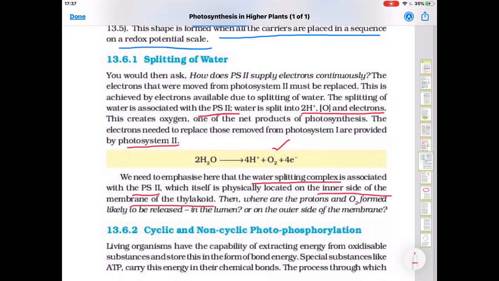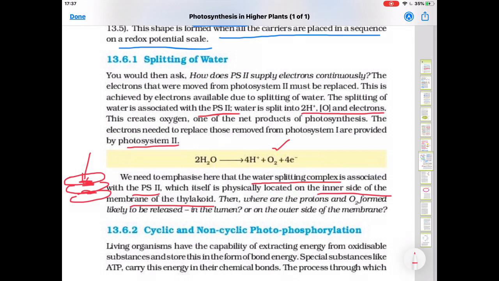Many thylakoids join together to form grana. Where two thylakoids join, at that place the PS2 system works.